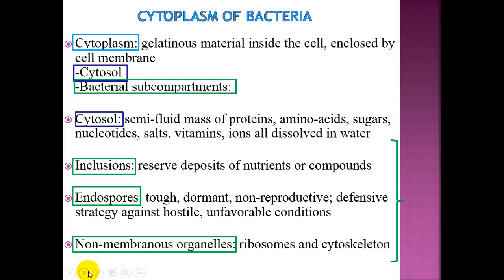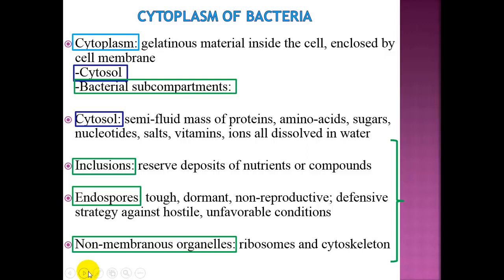Endospores are tough, dormant, non-reproductive structures used as a defensive strategy against hostile or unfavorable conditions, as when there is a drought or in extreme heat. They are also capable of causing disease. Examples of bacteria that have endospores are Bacillus and Clostridium.